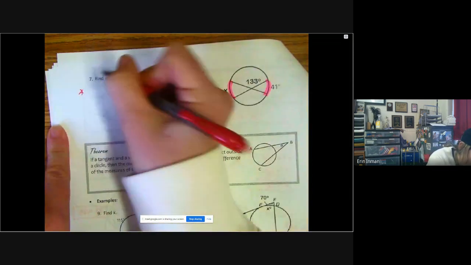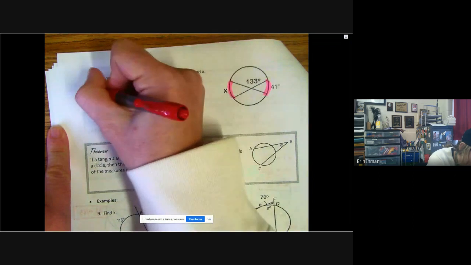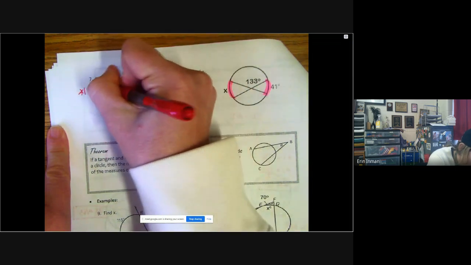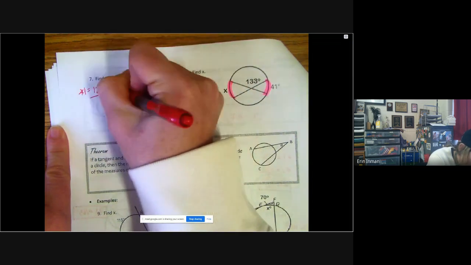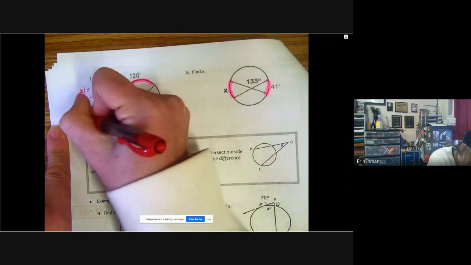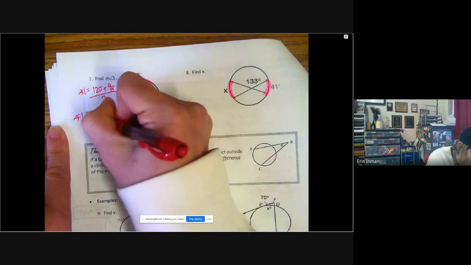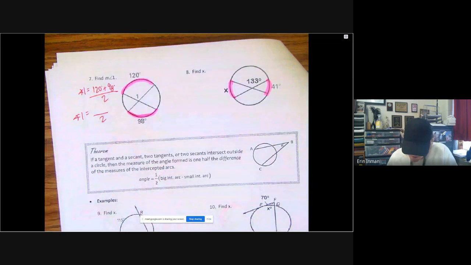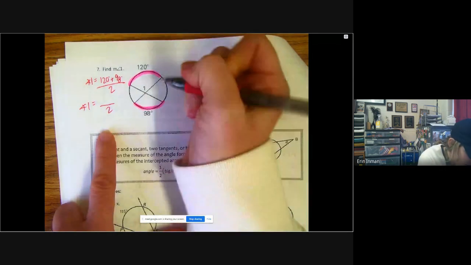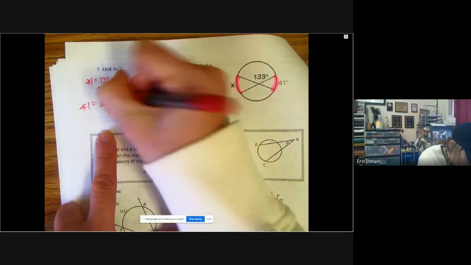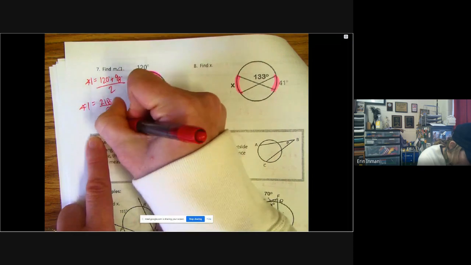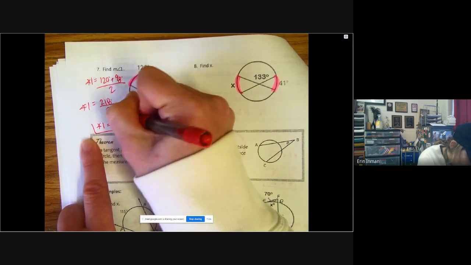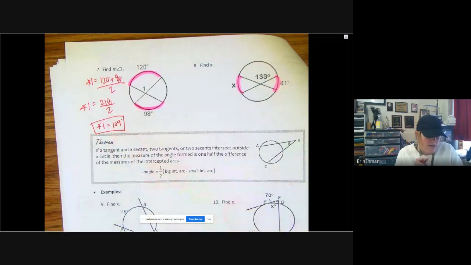We just take the average of those two arcs. So 120 degrees plus 98 degrees divided by 2. That's going to be 218 degrees over 2, which means that angle 1 is going to be 109 degrees, just like our last example.